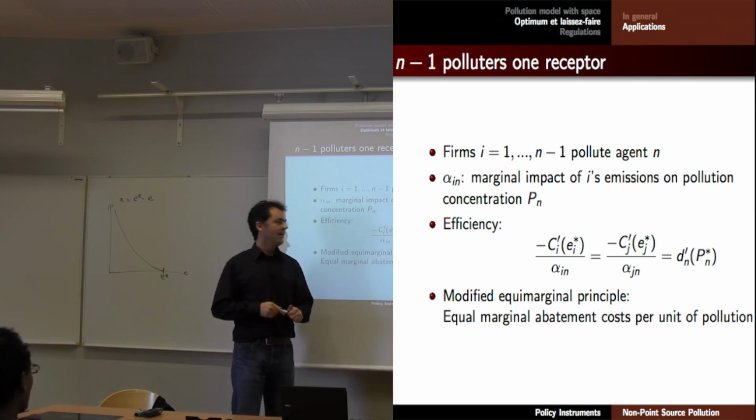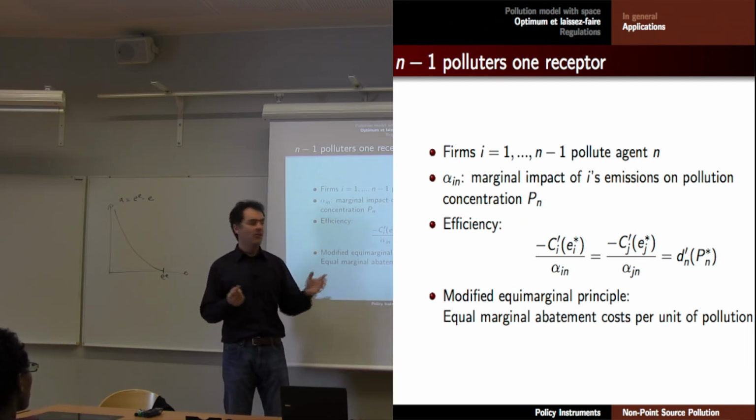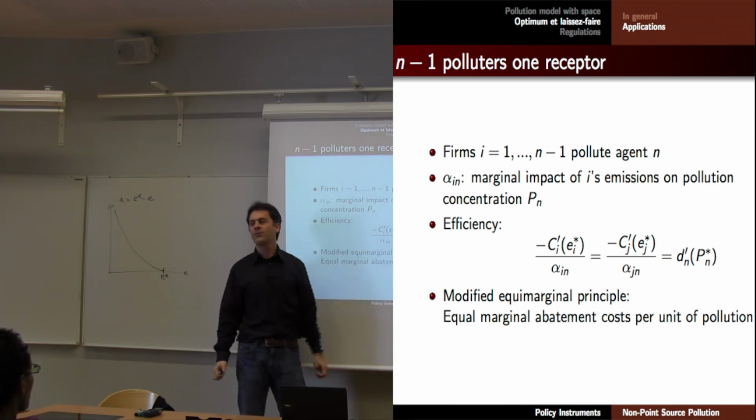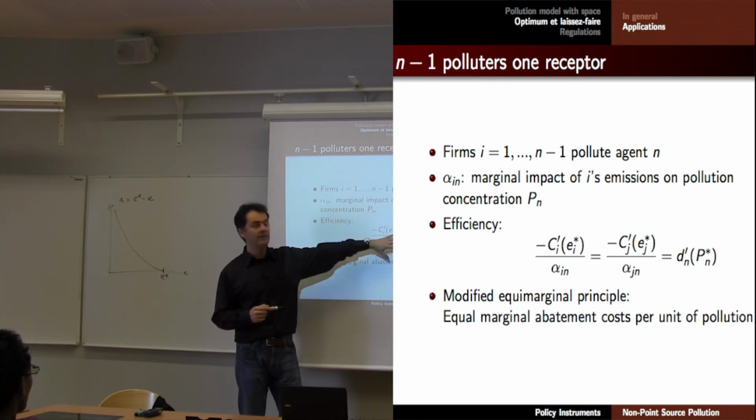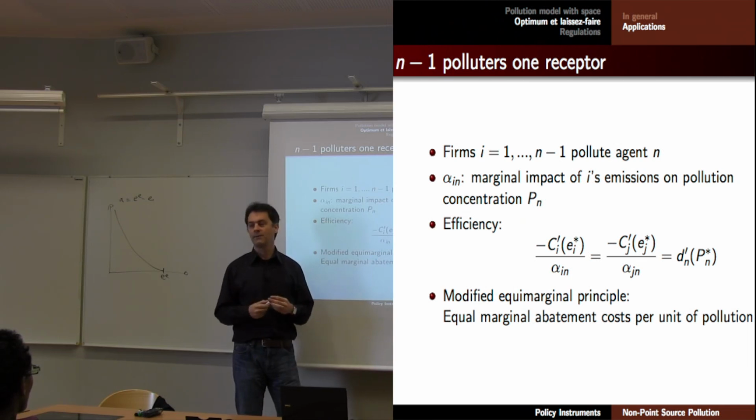Then you know that this will violate this equimarginal principle. You should have the same tax for CO2 emissions for all emitters to get efficiency. As long as you reduce tax for some polluters, that violates the equimarginal principle, and you don't get efficiency.